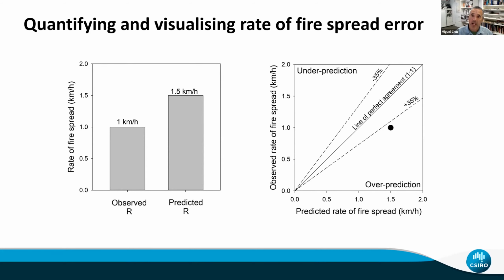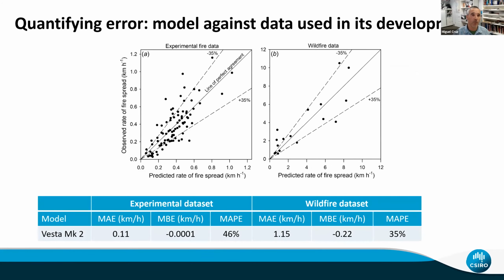Going forward, to show some of the graphs and statistics we got, I use two statistics here. The MAE, the mean absolute error, is error in an absolute form, so there's no plus or minus, and also the MAPE, that's the error as a percent.